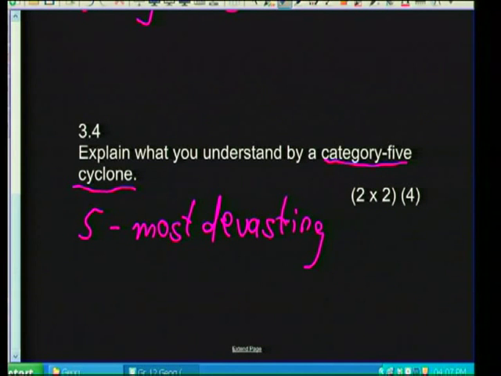Right, I just smudged out my A and my T. My spelling is getting a bit damaged there. It's the most devastating cyclone. Okay, that's one of them. It's the strongest cyclone. We know a level 5 or category 5. And then we can give an example for the other 2 marks.